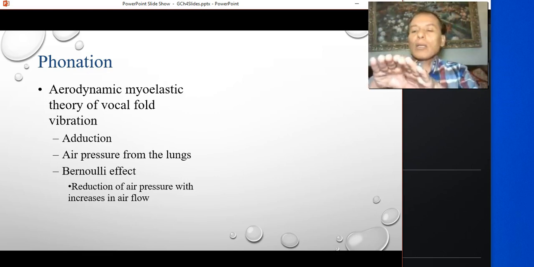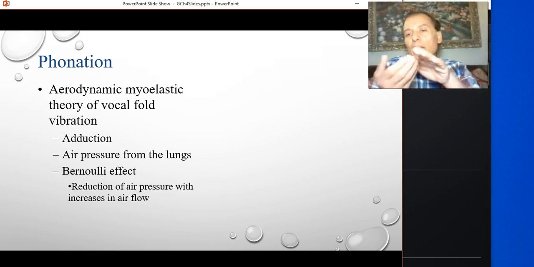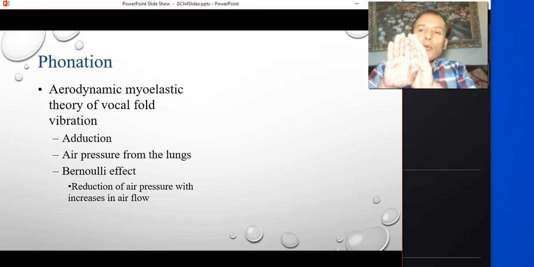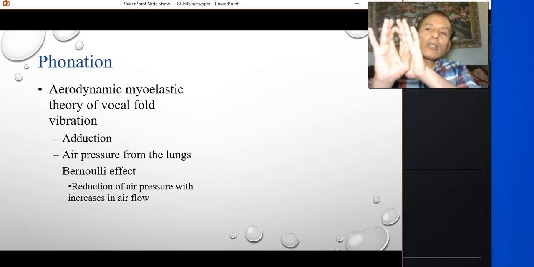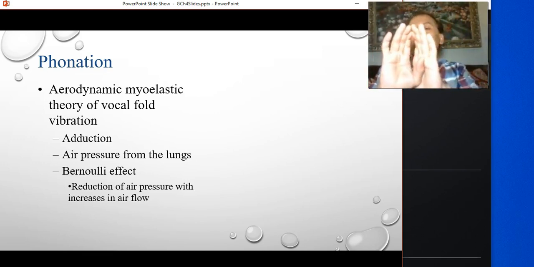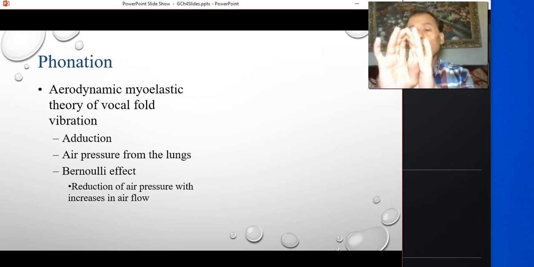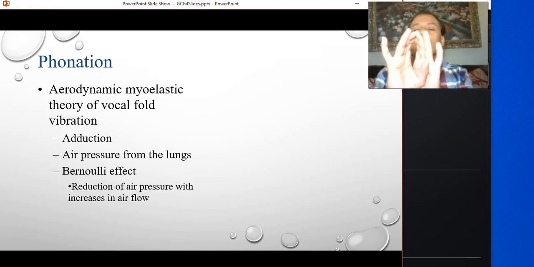That means at the same time the pressure beneath them is strong. So that means the pressure beneath is going to overcome the edges, the thin edges of the vocal folds, and push them away.